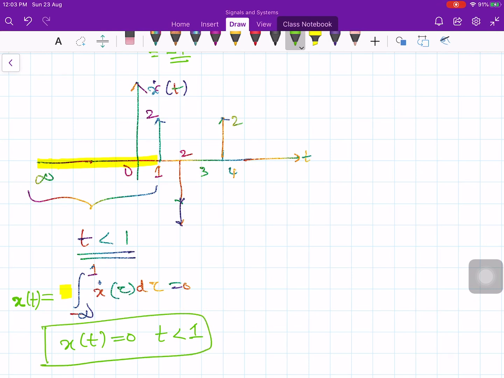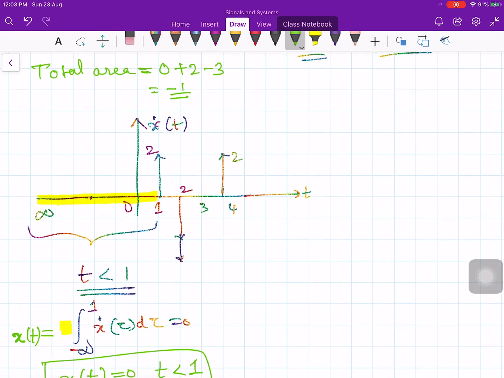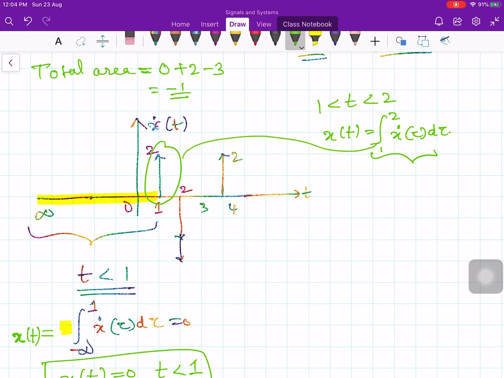Now what is the second one? You consider t which lies between 1 and 2. In 1 to 2, your x of t is going to be the integral from 1 to 2 of x dot of tau d tau. This integral comprises the delta function, the impulse described as 2 times del of tau minus 1.